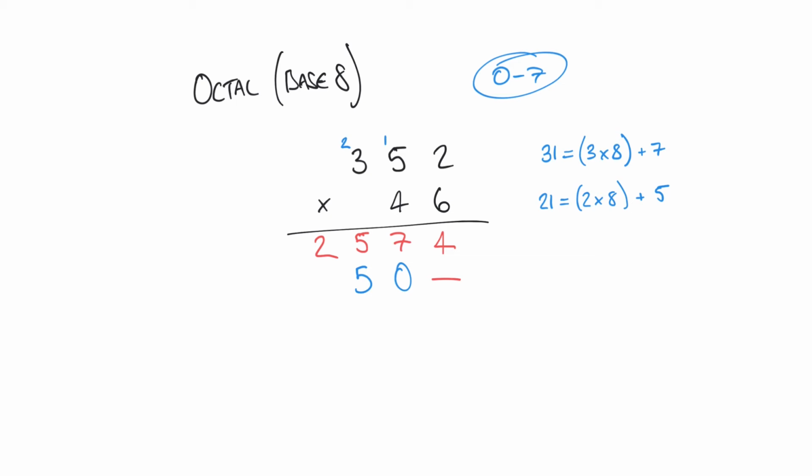Next we have 4 times 3, which gives us 12, not forgetting to add the 2, which takes us to 14. And again, we'll make a note down the side here: 14 is made up of 1 lot of 8 plus an additional 6 to make 14.